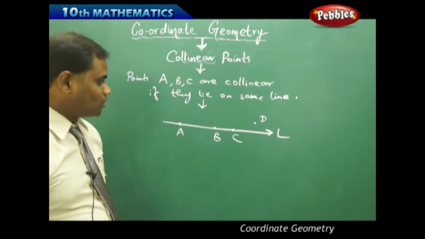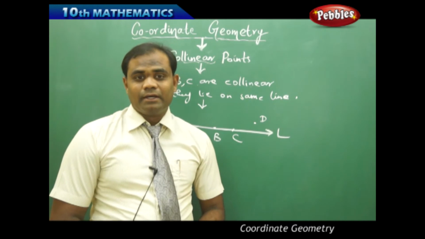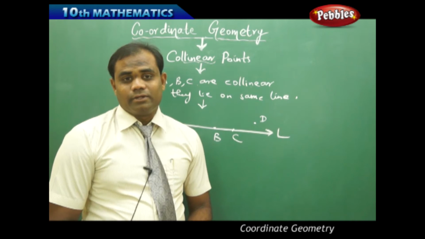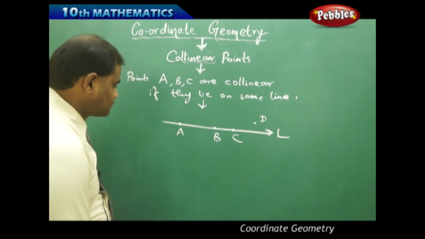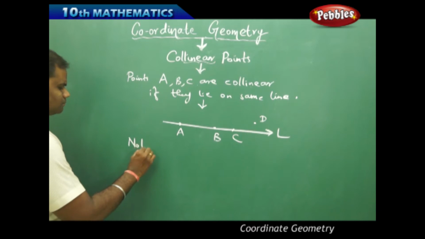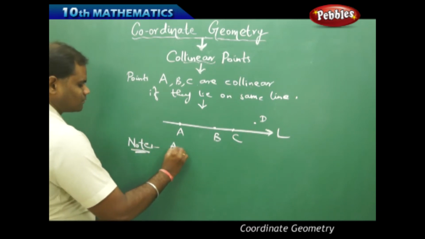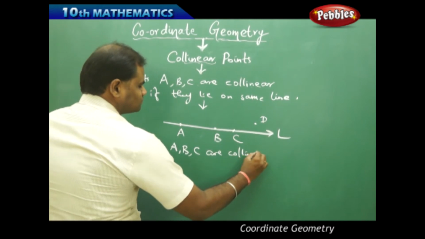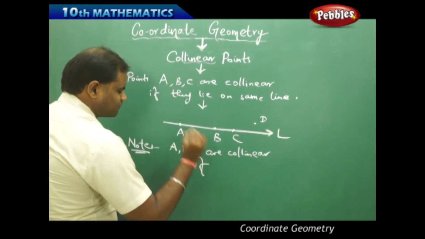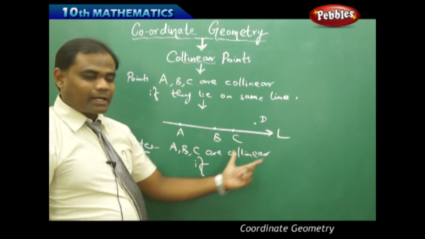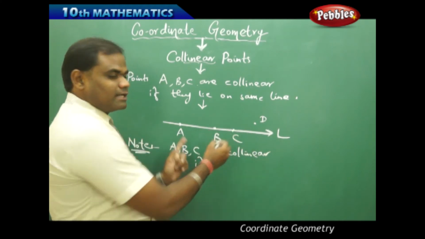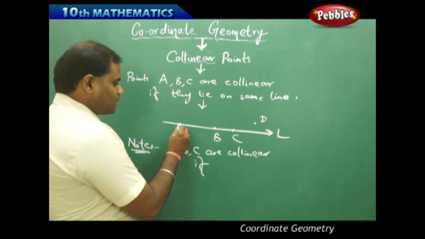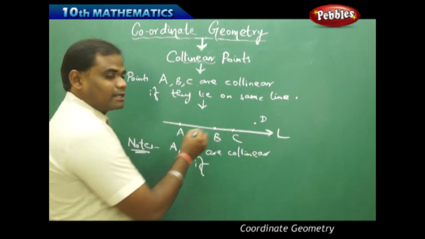So how do we solve problems where we have to justify whether the given points are collinear or not? Let's connect collinearity with distance. Mathematically, A, B, C are collinear if AB plus BC is AC, because if I add AB and BC, I indirectly get AC.